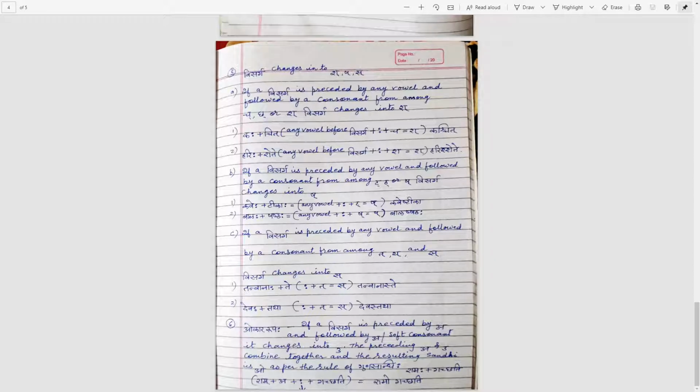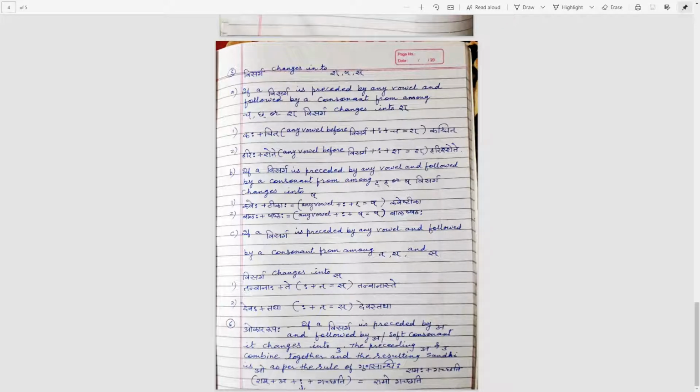If a visarga is preceded by any vowel and followed by a consonant from among ta, tha or sh, visarga changes into sh of Shatkon. Okay. Now the first example is kavehe plus tika. What do we want?